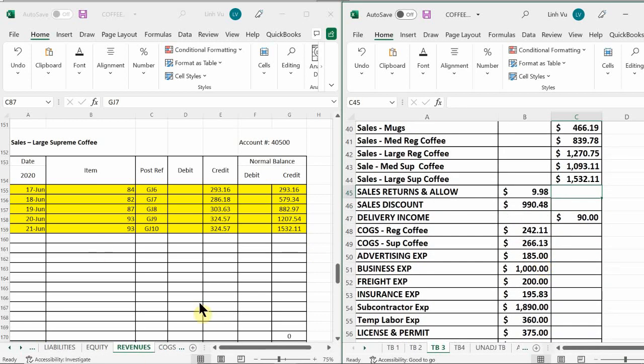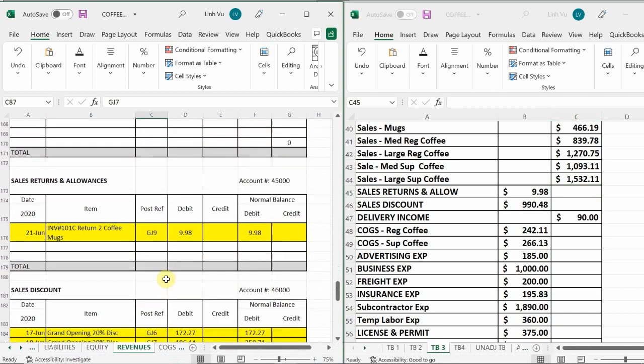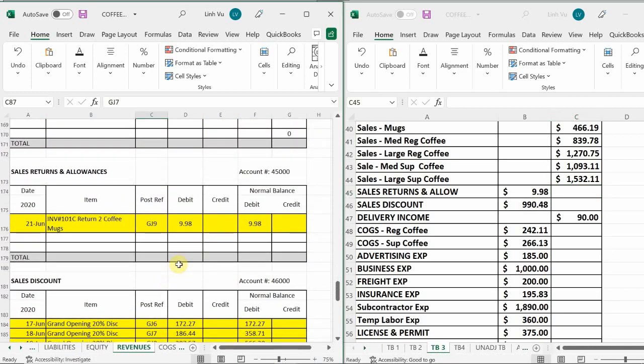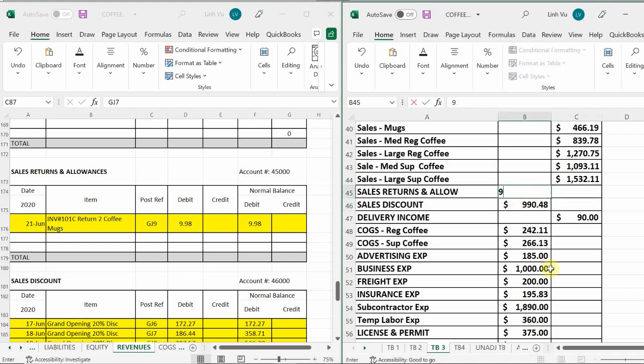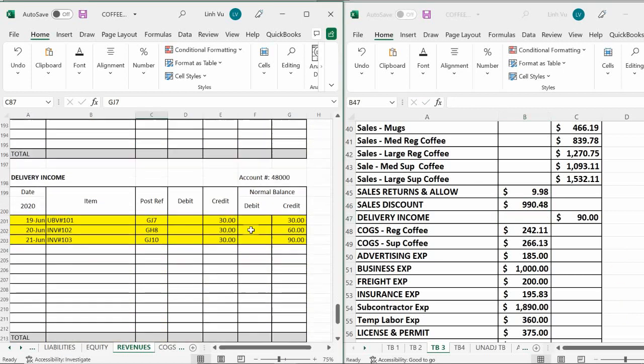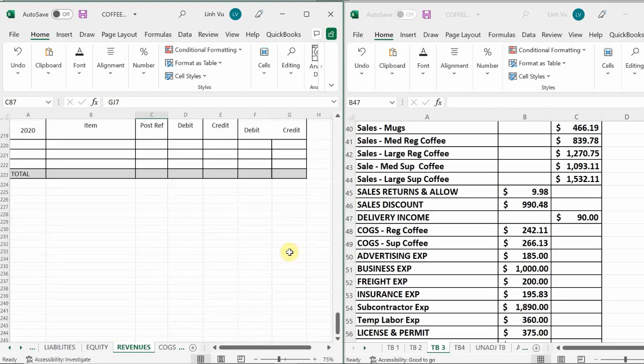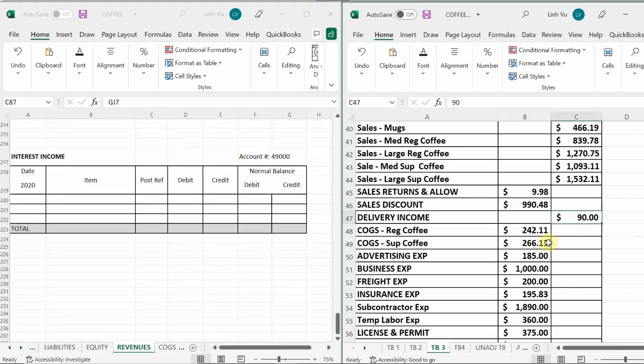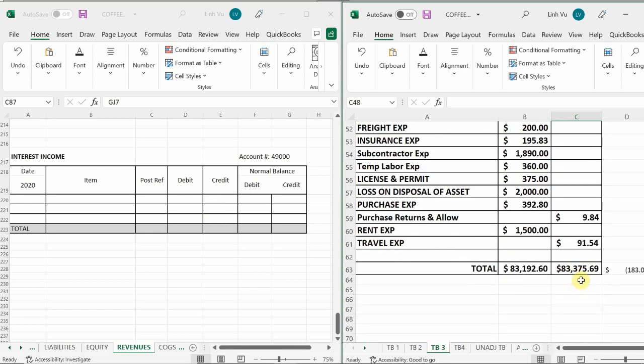And then let's see, I have a sales return and allowance, which is $9.98 on the debit. Yep, $9.98. Okay. My sales discount so far is $990.48 on the debit. Okay. And then I have delivery income for $90. So there you go. So here, this is correct. So that means my entire credit side.